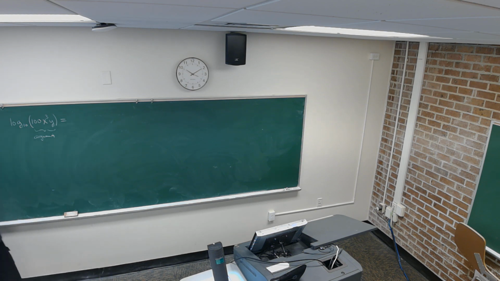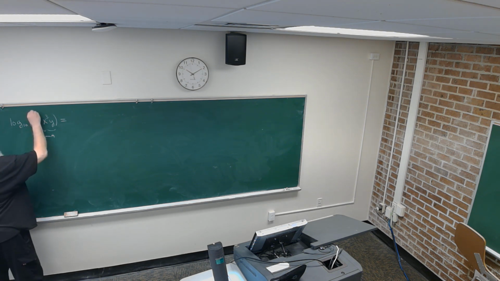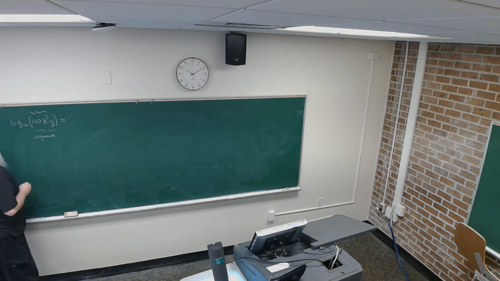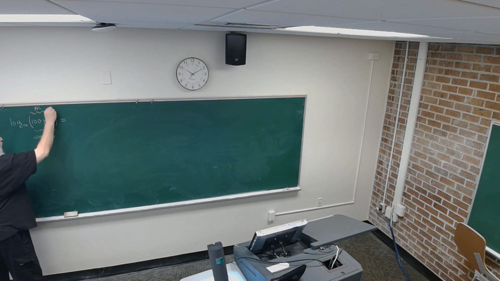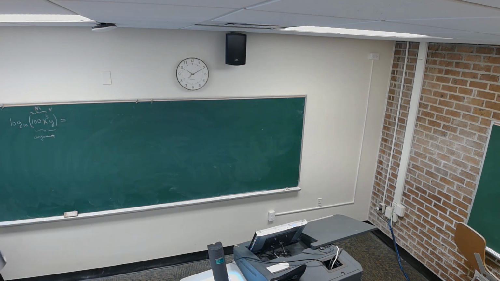So we have the log of m times n is the log of m plus the log of n. So I'm going to treat the product 100 times x cubed as m and the y as n.